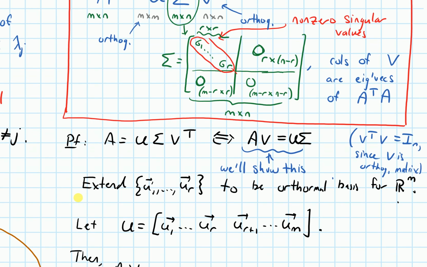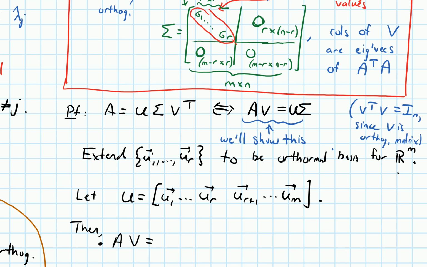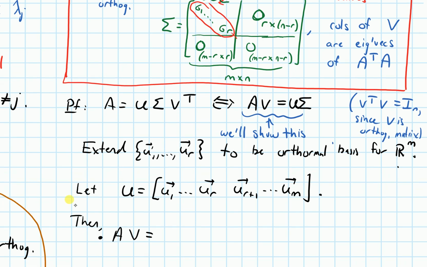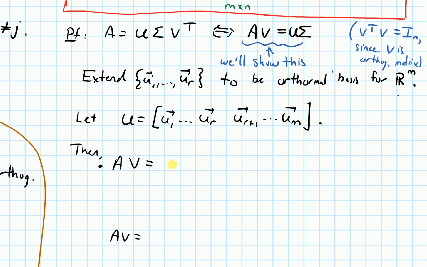All right, so then let's look at A times V. So let's look at one of these sides. A times V would be equal to a matrix with AV1 as a column, up until AVR, and then AVR plus 1, up until AVN.